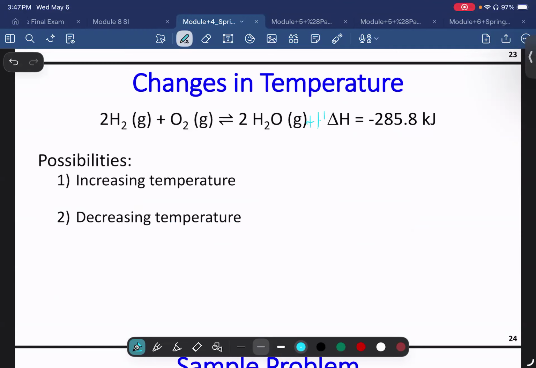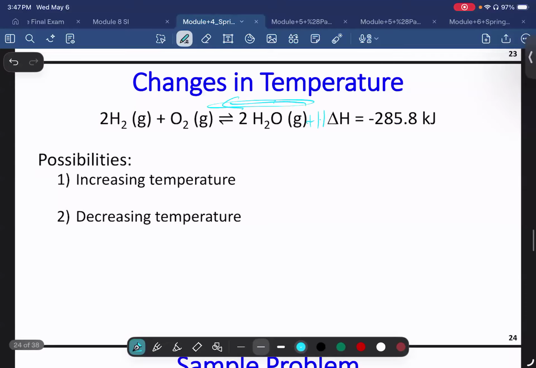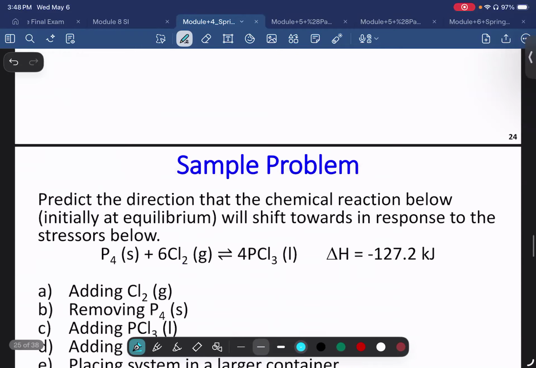I like to think of the energy as a product in this case. So if you increase temperature, you're going to favor the reverse reaction because you have heat in the products. If you decrease temperature, you're going to favor the forward reaction. If it was endothermic, you would consider heat as a reactant and do that accordingly.